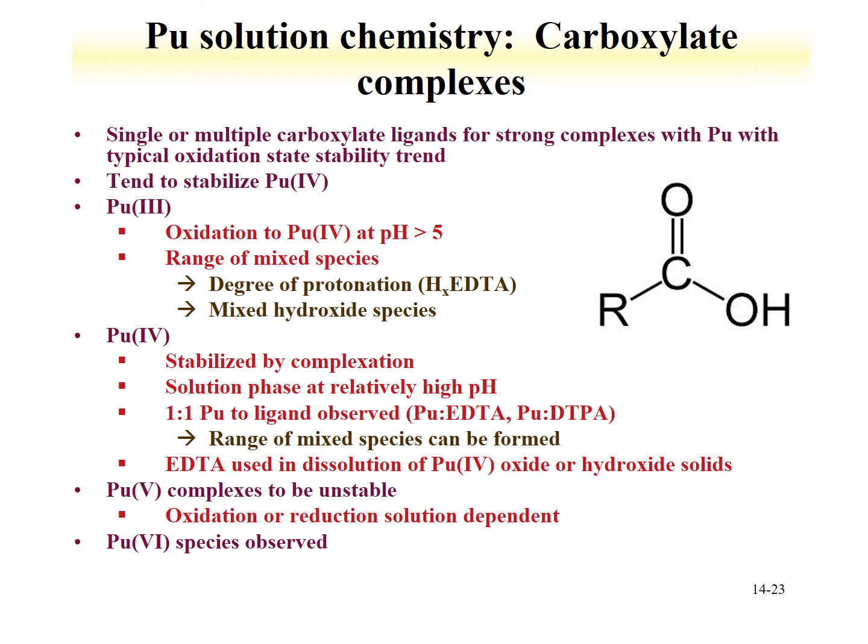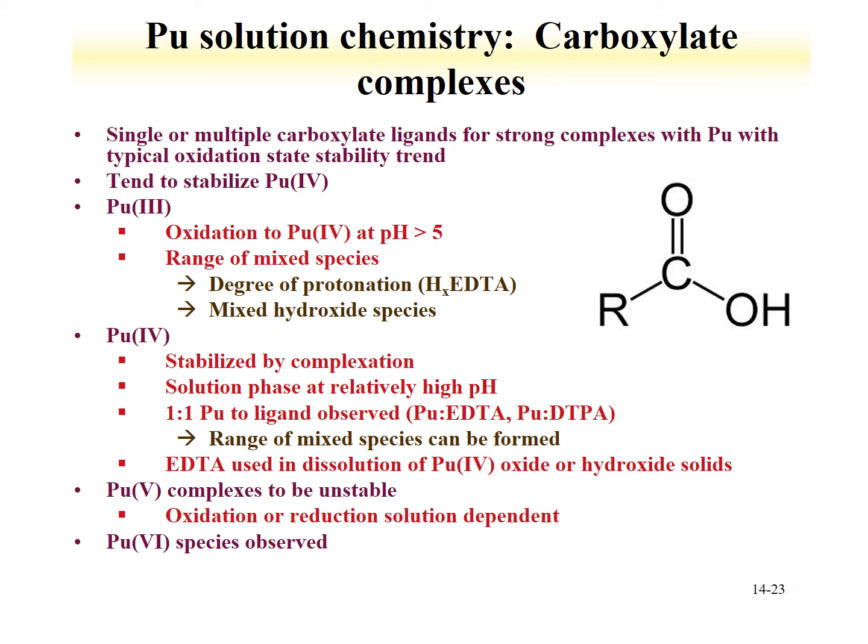So for instance, at pH 5, you can form an EDTA plutonium compound that'll be in solution, whereas the free metal ion would just be a hydroxide or precipitate species. For this reason, compounds like EDTA are used to dissolve plutonium-4 oxides or hydroxides into solutions.